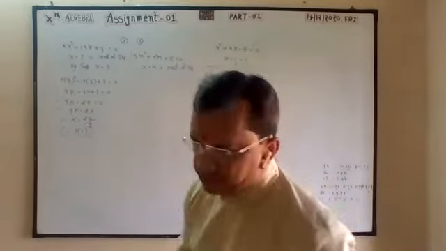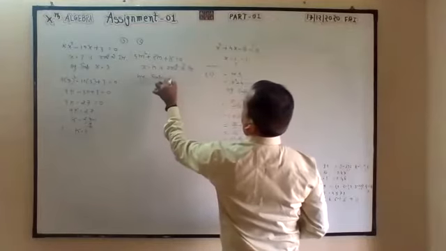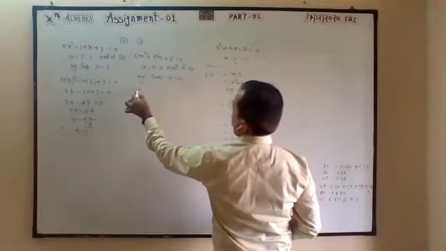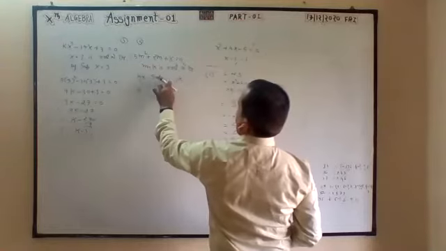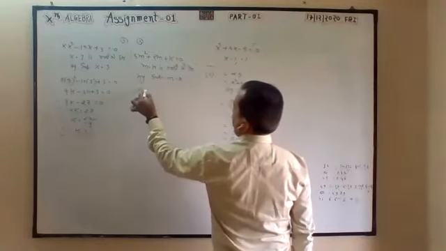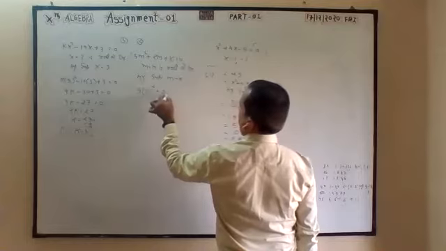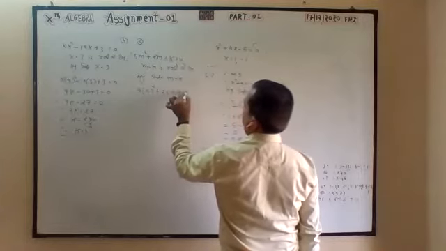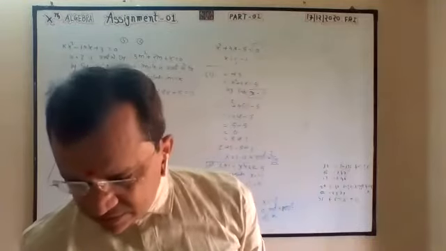Find k. So by substituting x is equal to k, the equation is in the form of m, m k raised to 2k plus k is equal to 0. Correct?